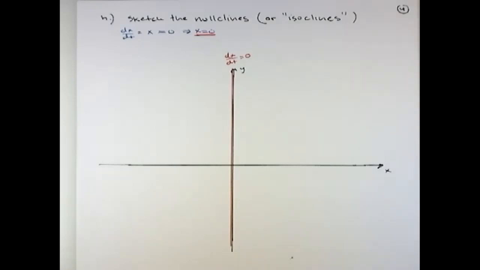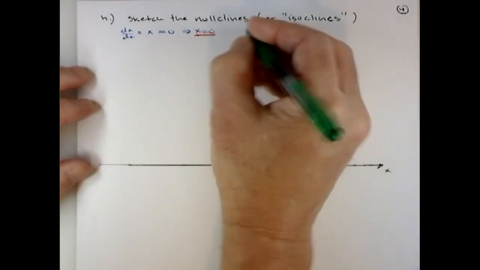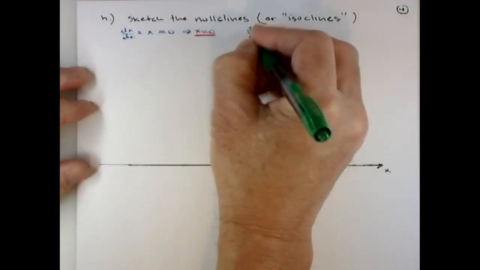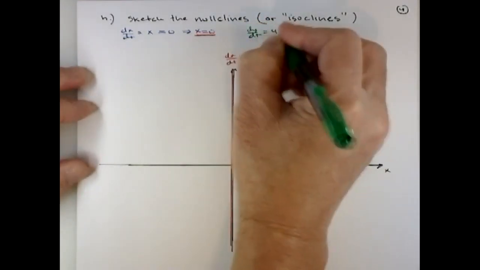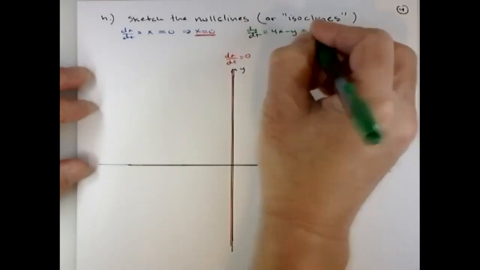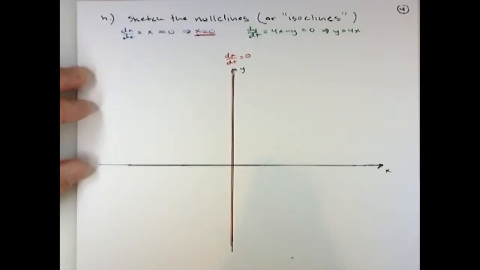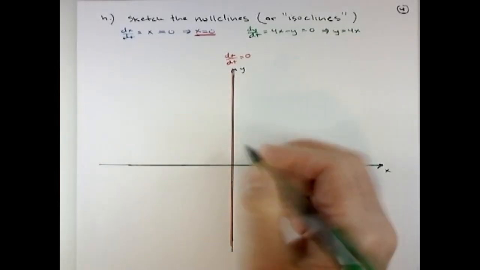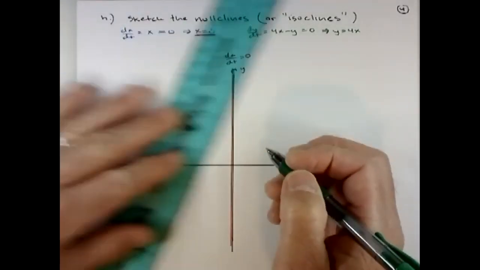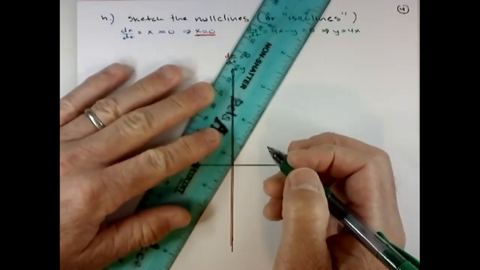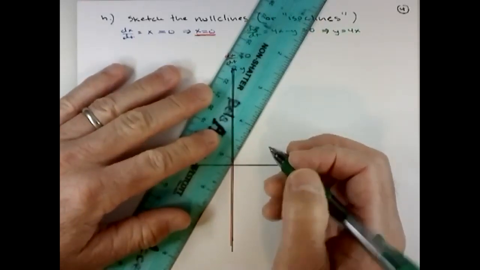Now there's another nullcline. Maybe I'll do this one in green. dy/dt, our other differential equation, was 4x minus y. When we set that equal to 0, that gives us y equals 4x, which is a line through the origin with a fairly steep slope. We'll just make it look like this.